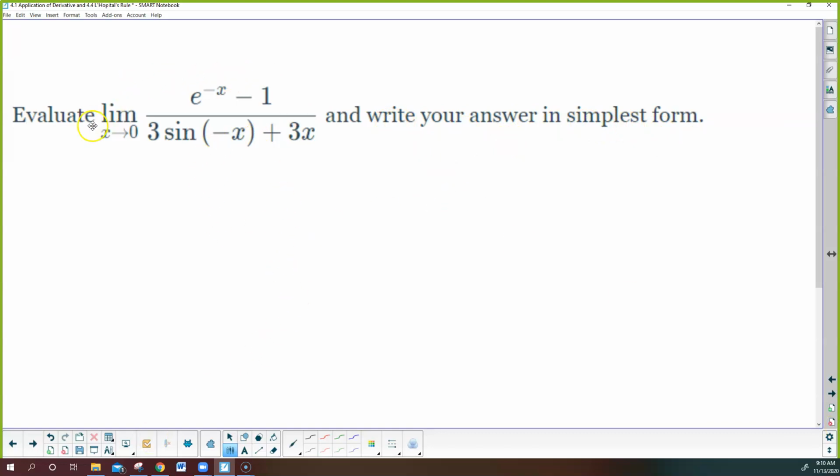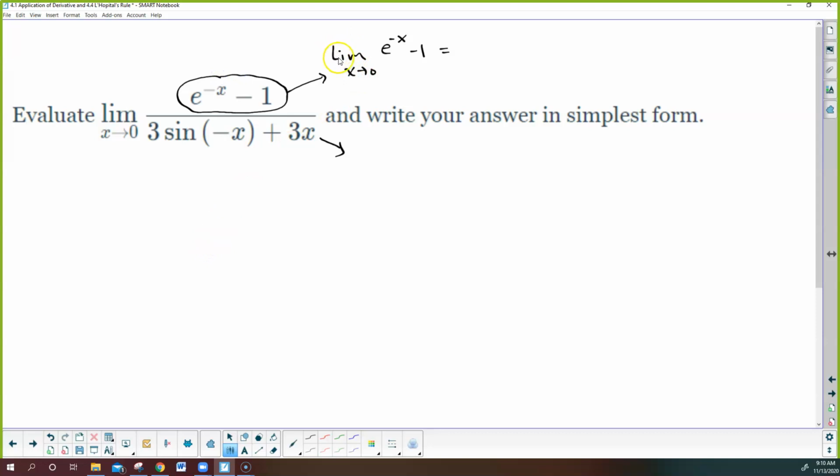But go ahead and just write the limit. And then we're going to do the limit of the top and the limit of the bottom separately. And notice I didn't use equal signs. But we do have to write that out first. You have to tell the reader that you are taking the limit of just the numerator.